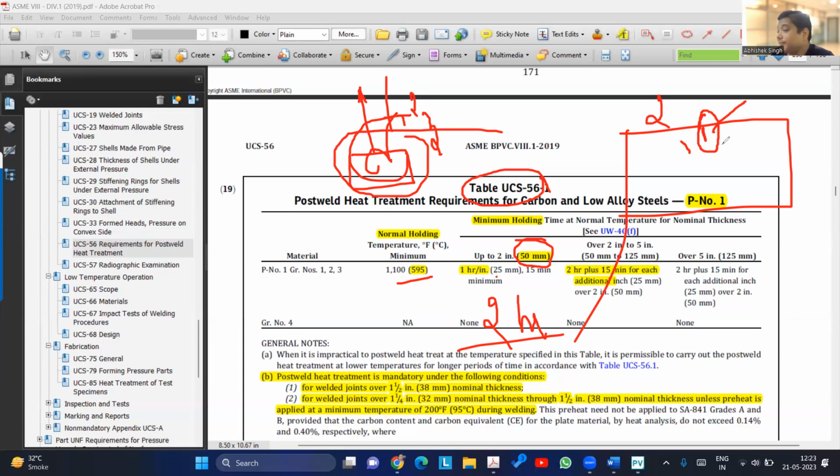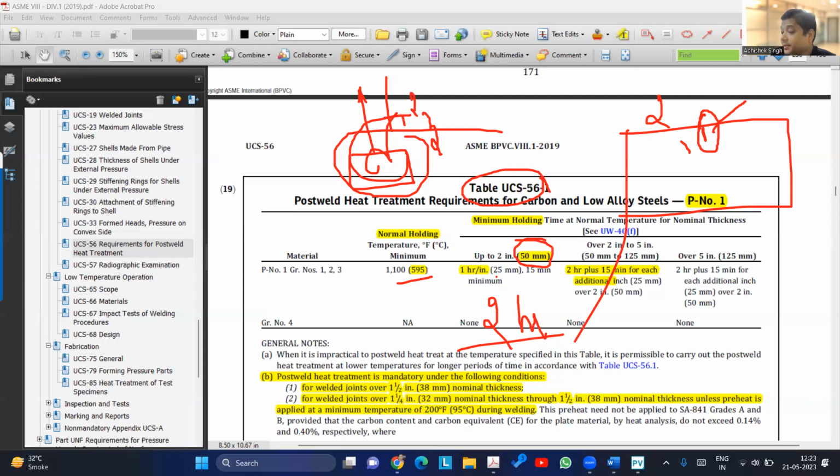Your job very rarely sees two or three cycles, but if it is seeing, you should have a simulated test coupon where all the testing has to be done to ensure that material properties are not lost. Clear? Okay, thank you.